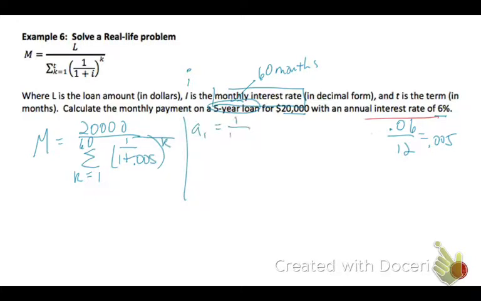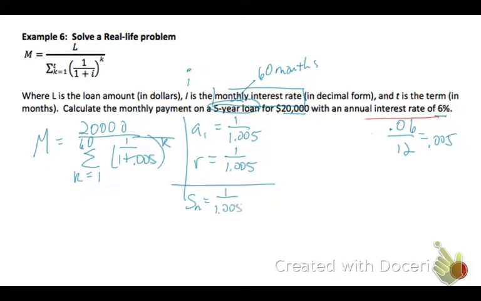Okay, so first, our first term, and now we're just focusing on the denominator, and we're going to find the sum of this series. So our first term, when we plug in 1, is just 1 over 1 and 5 thousandths, and then our rate is also 1 over 1 and 5 thousandths.